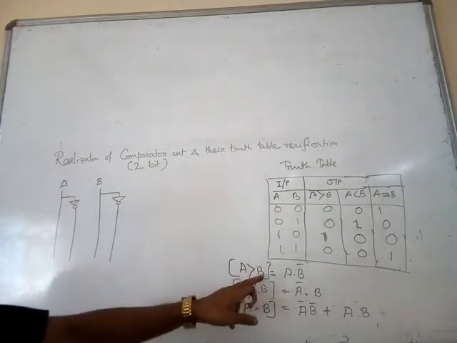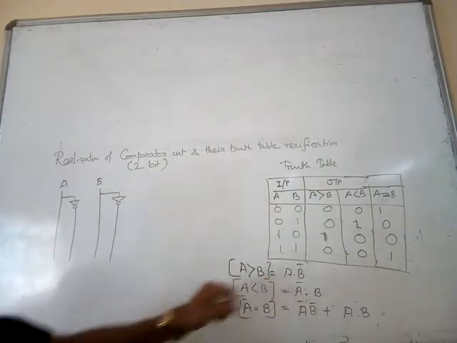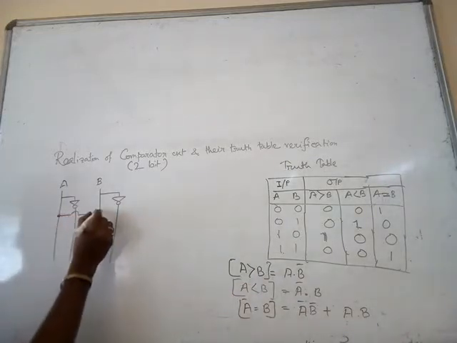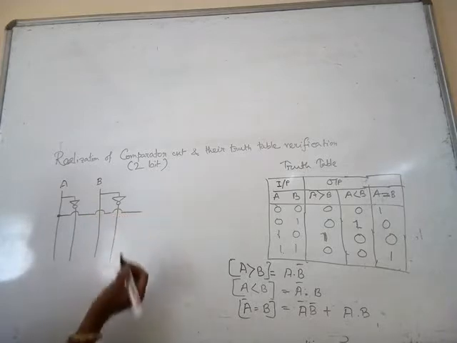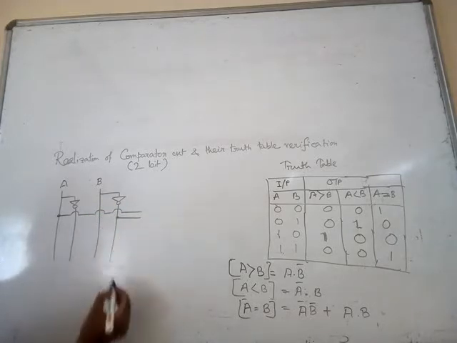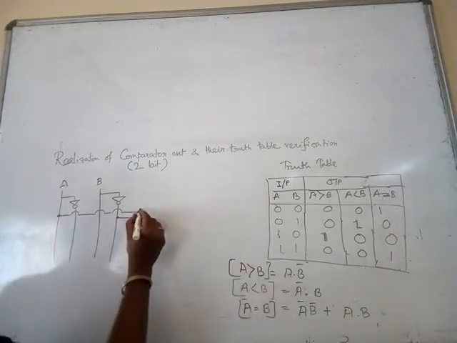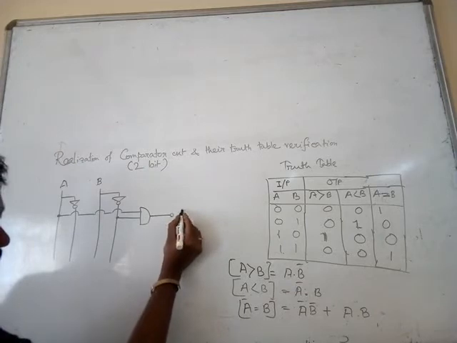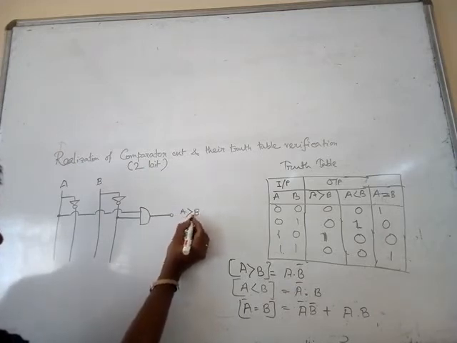So A greater than B is A dot B bar, so A and B bar go to an AND gate. From there we get A greater than B.